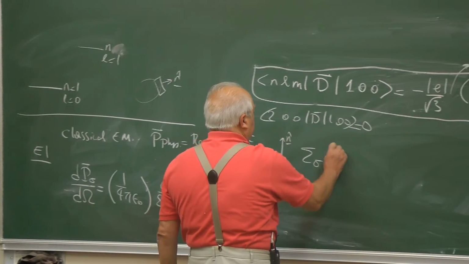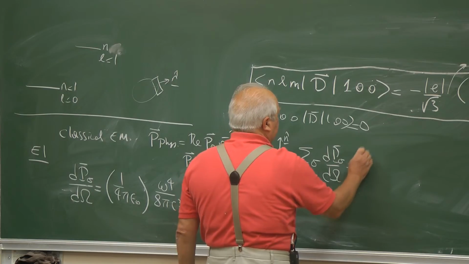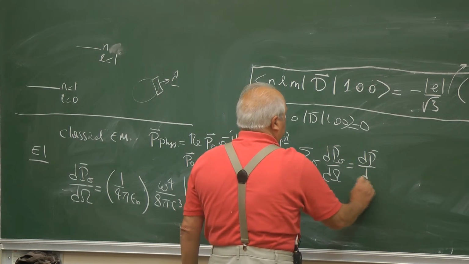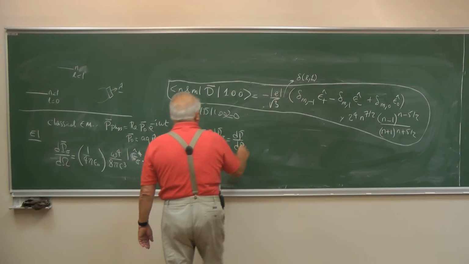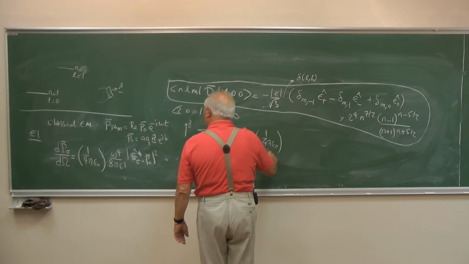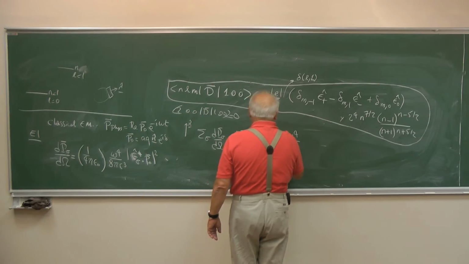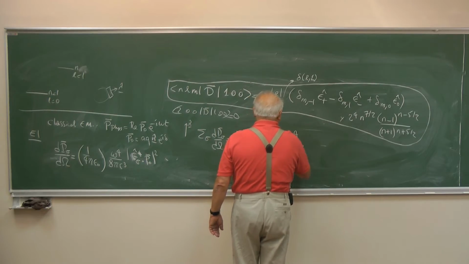Sum over sigma of dP sigma d omega is simply dP d omega. That's equal to 1 over 4 pi epsilon 0, that thing, omega 4 over 8 pi c cubed.